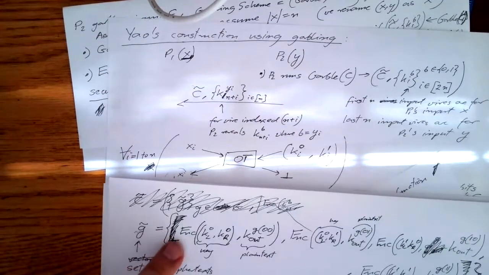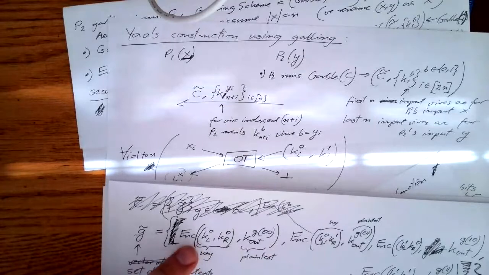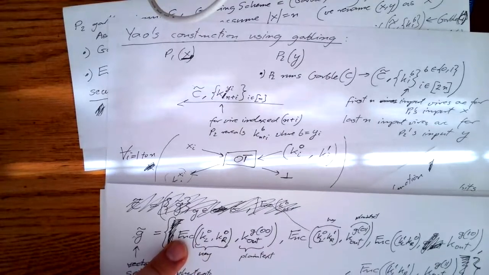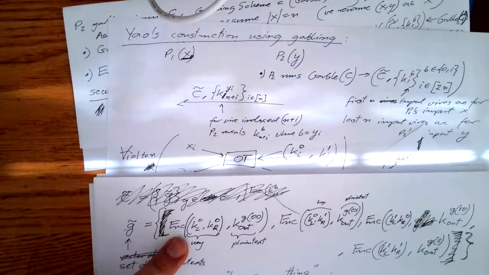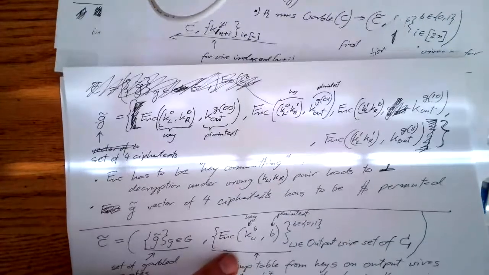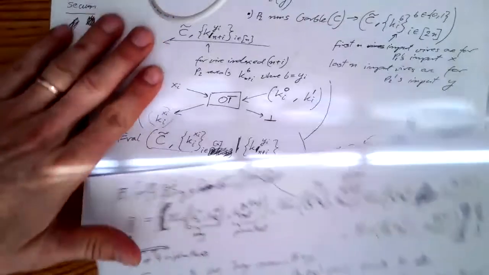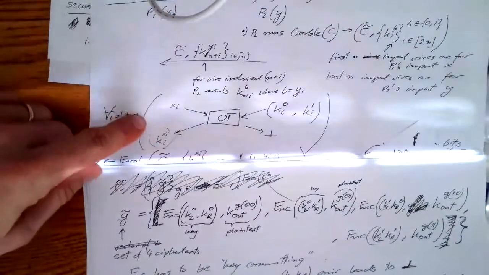One thing about this is that it is purely symmetric crypto. It's a symmetric encryption that encrypts some keys under other keys, and a lookup table, of course, also. So the only public key crypto is in the OT.